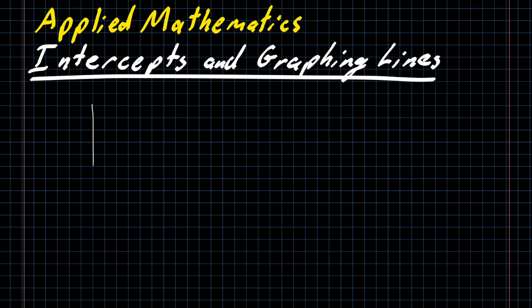So I want you to imagine that I am rolling a ball down a hill. And at various points in time, I'm measuring the height of the ball and recording it on my graph.